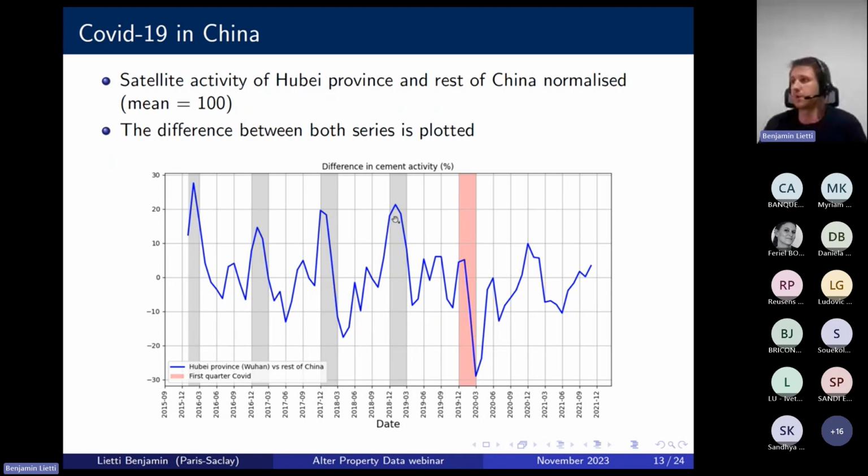This could be explained most likely because of the weather there. So in winter in Wuhan, it's about 1 to 5 degrees Celsius, while it could be down to -5 degrees Celsius in Beijing, for instance. So that could explain that the activity in the construction industry is higher in Hubei than in the rest of China.